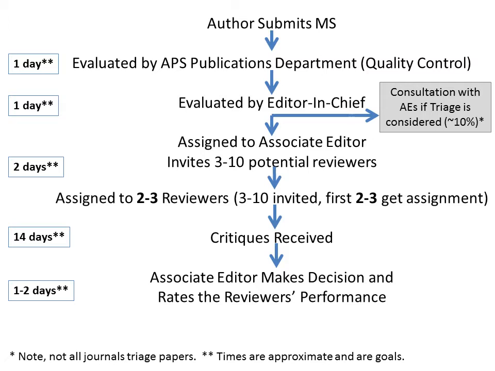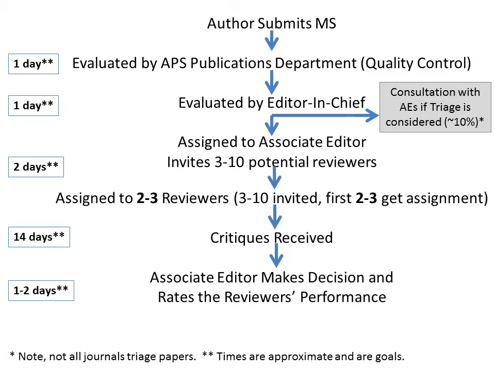The paper is then sent to the editor-in-chief, who evaluates the suitability of the paper for publication in his or her journal. Sometimes a paper can be triaged without review if it doesn't fit the journal's publication policy. This happens very infrequently and is usually done with the consultation of at least one or more associate editors.